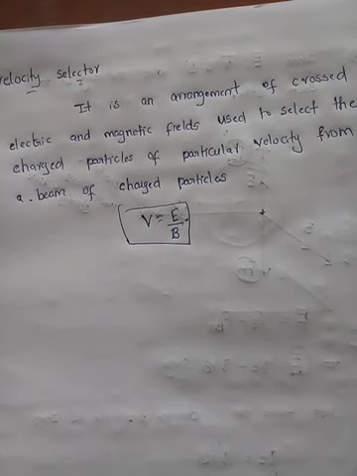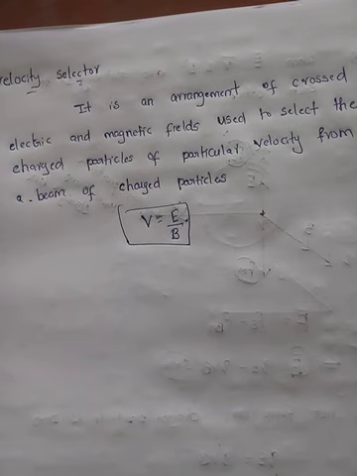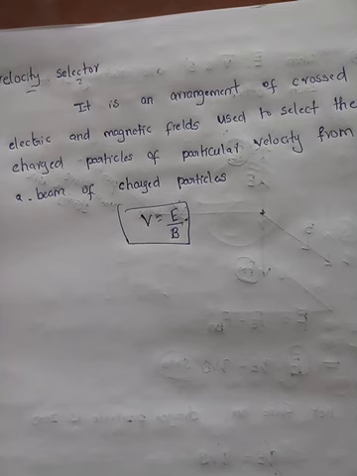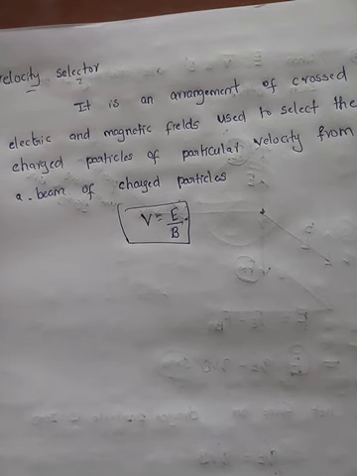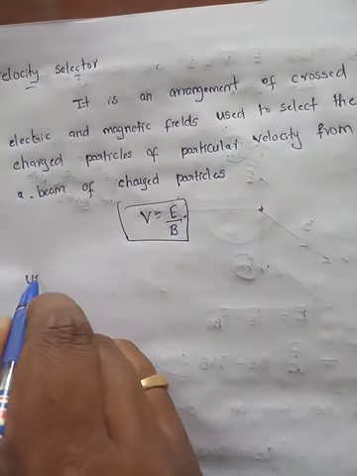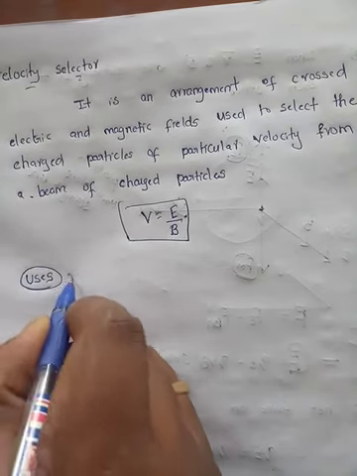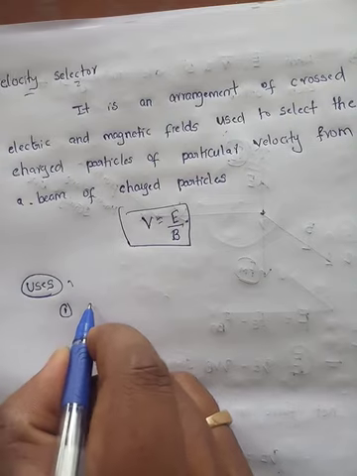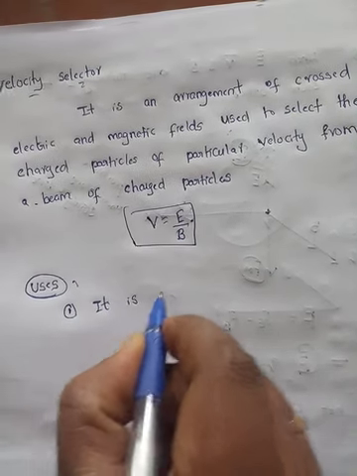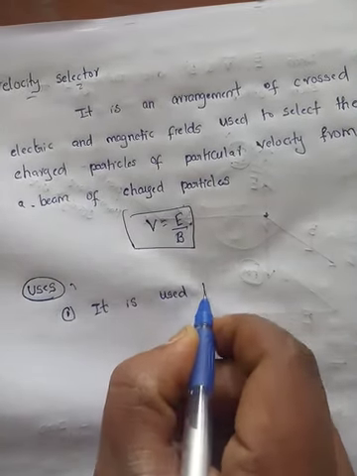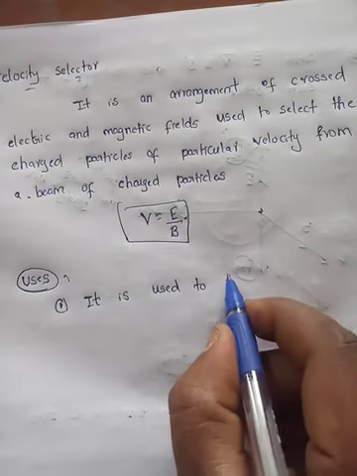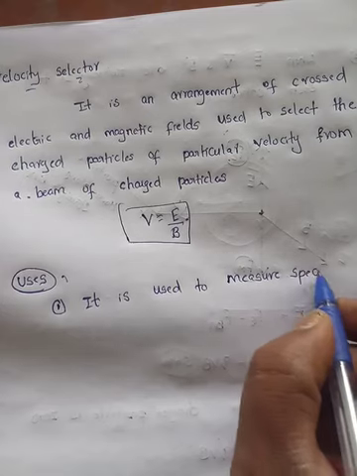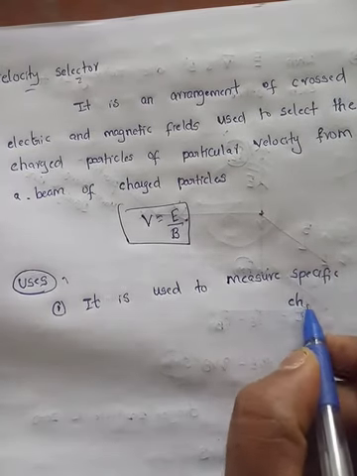Okay. So what are the uses of this? It is used to find specific charge as well as used as the principle of mass spectroscopy. What are the uses here? It is used to measure specific charge.